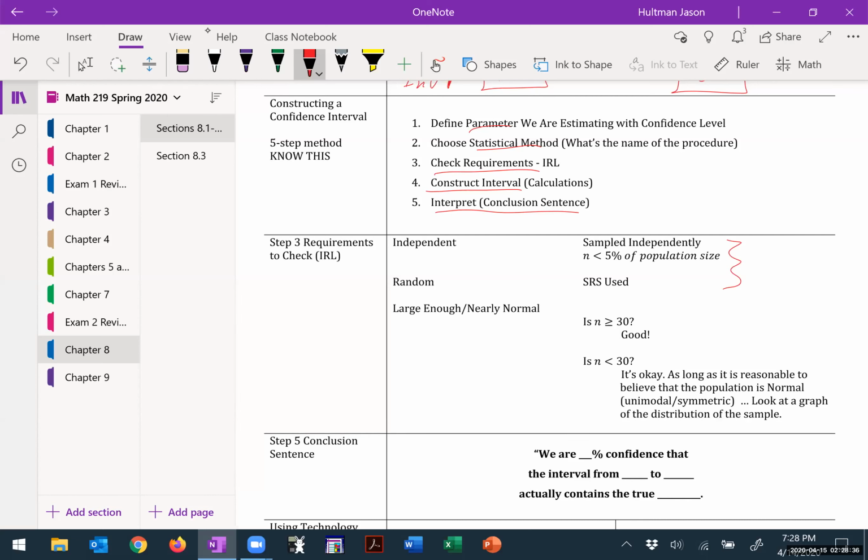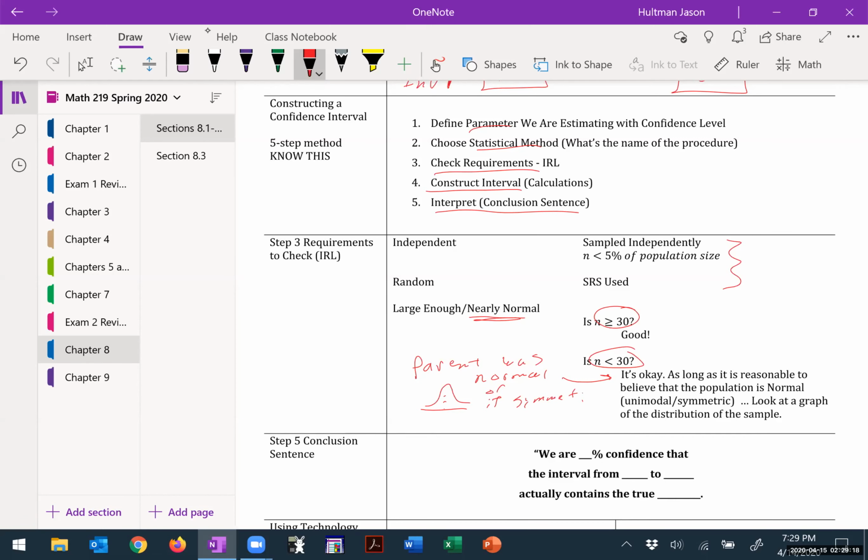Okay, is the sample large enough? Is n greater than or equal to 30? That's good. Is n less than 30? That's not as good, but it's okay as long as a couple of things hold. We can use a sample less than 30 if we know that the parent population was normal, or if it's symmetric.